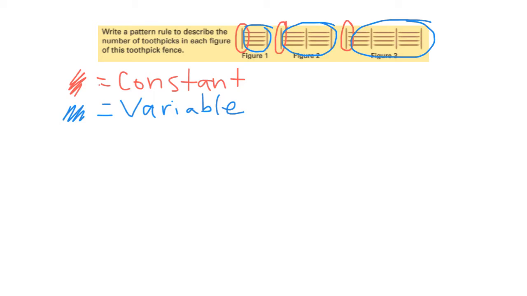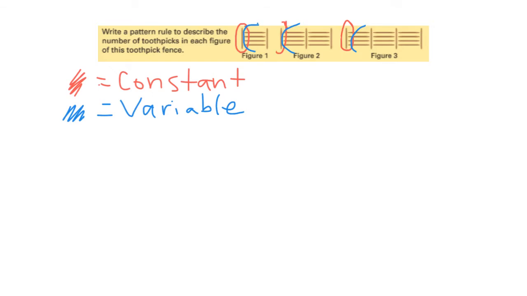Now, when I look at the variable part of these figures, the blue part that I have circled, I see that the number of fence sections actually equals the number of the corresponding figure.